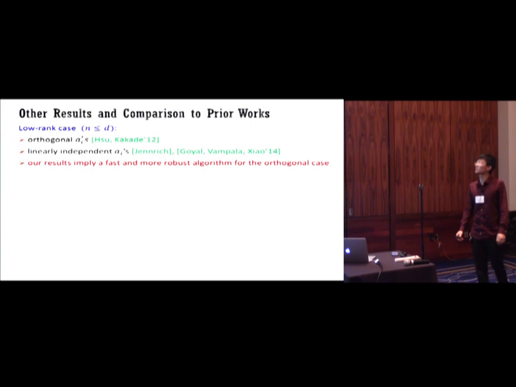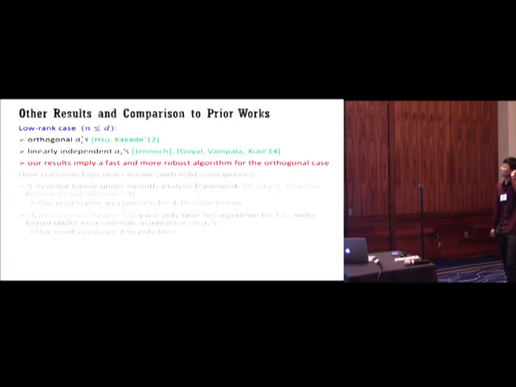In this paper we have several other results, and let me compare them with prior works. The simplest setting for tensor decomposition is the low rank case, when the rank n is less than the dimension d. Su and Kakade considered the orthogonal case, and Jennrich and Goyal et al. consider the linearly independent case. Our results will imply a fast and more robust algorithm for the orthogonal case.